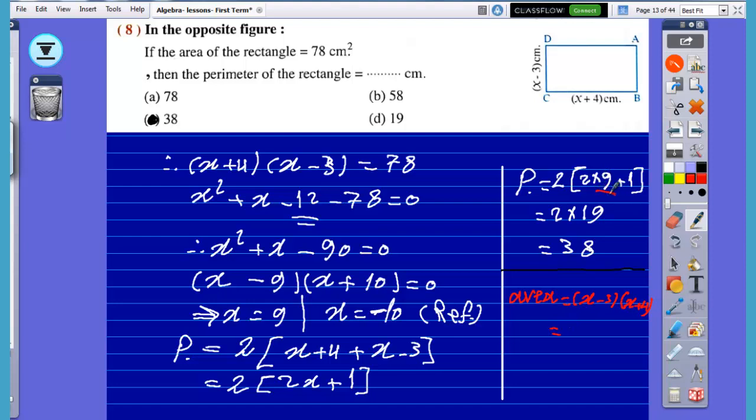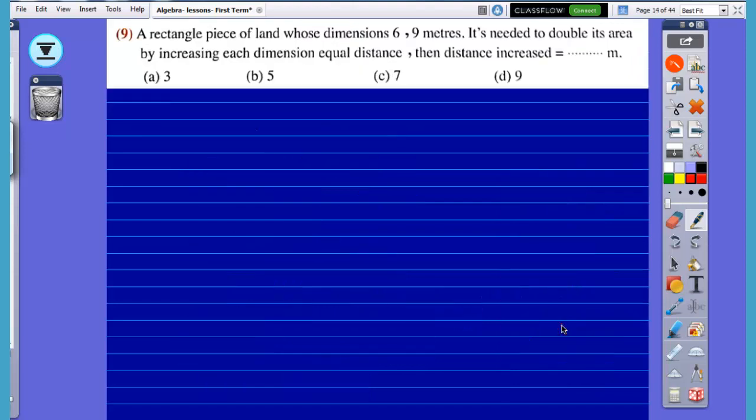So when x equals 9, 9 minus 3 is 6, multiply 9 plus 4 is 13. So 6 multiply 13 equals 78, like the given area. So it is a right solution. Next question.